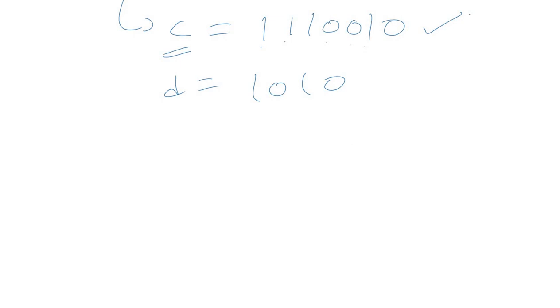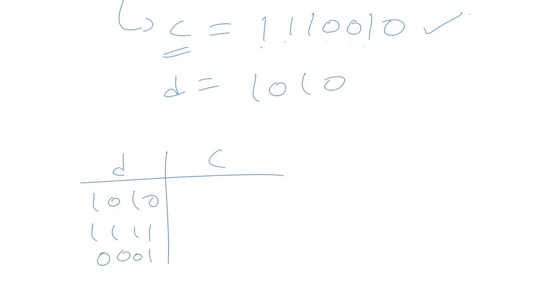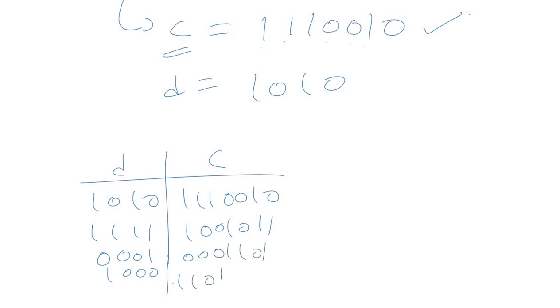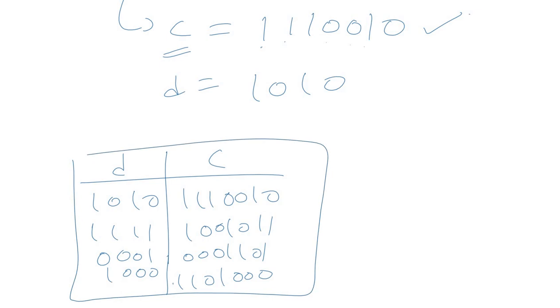I'll just write down the final answers for your verification. This is the final table that you can verify on your own. In this manner, you can find the code words corresponding to all the different data words.